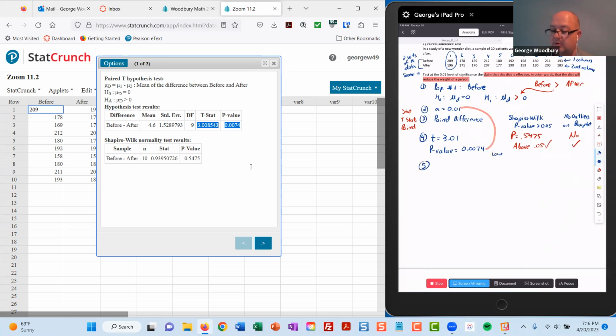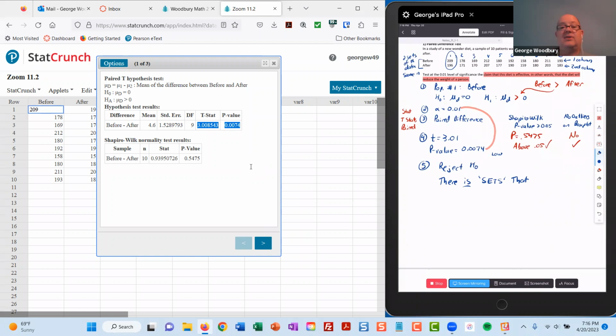A low p-value means that we reject HO. And when we reject HO, that means that there is sufficient evidence to support that. And here, we want to take a look at the sign in H1.